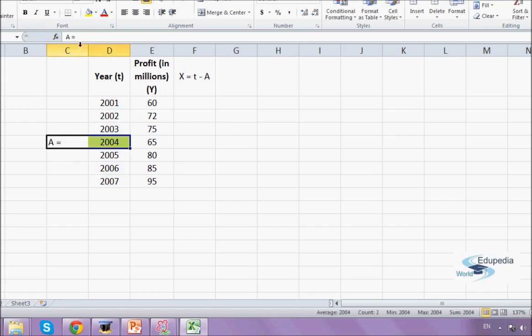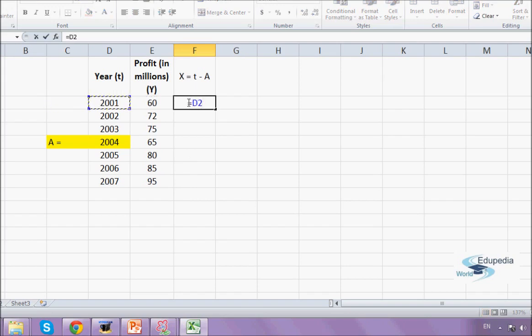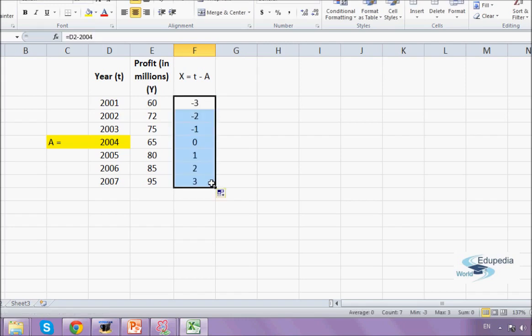Okay, so we're shifting the origin to the year 2004 instead of 2001, and the time corresponding to that shift would now be defined under this column under x. So here we will have 2001 minus 2004. Next we will have 2002 minus 2004, and that will go on till the end.